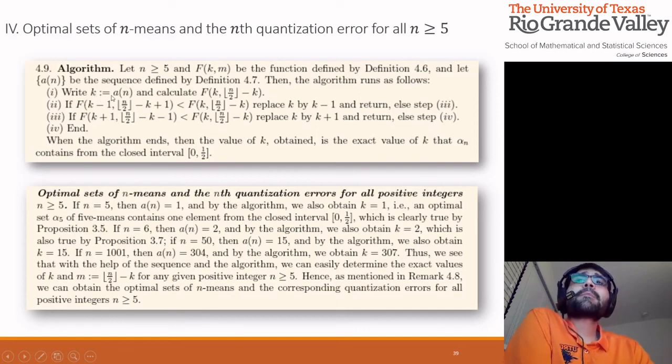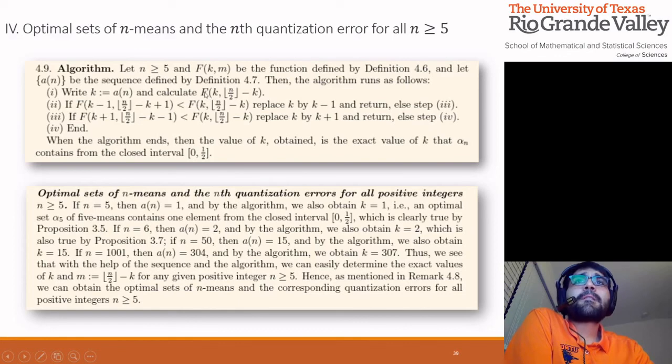We're going to assign to K the initial guess that the sequence gives us initially.